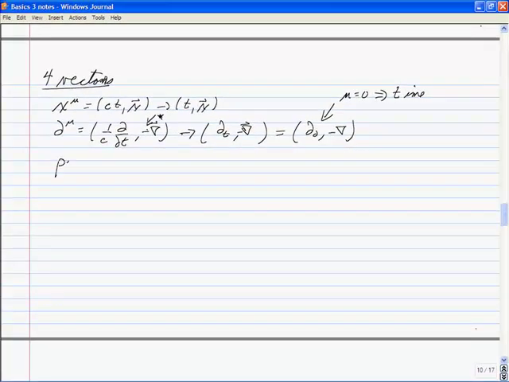Okay, the momentum four-vector is normally that. Of course, now it just turns into E and p.